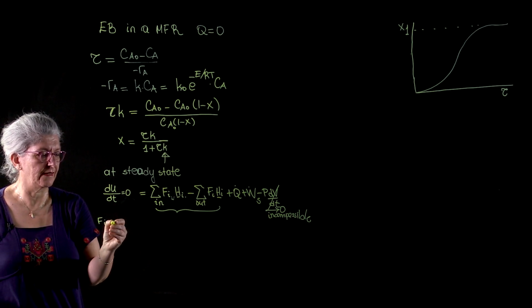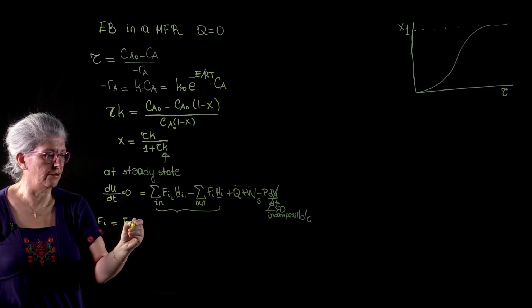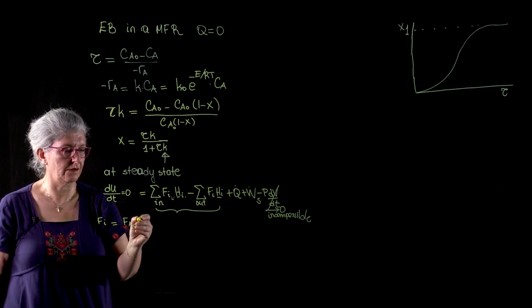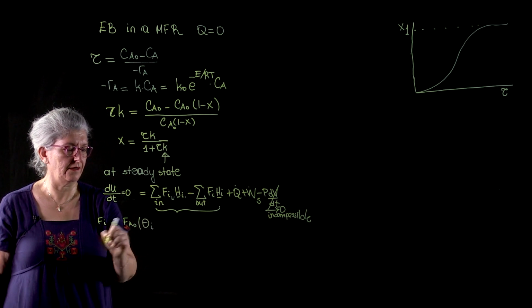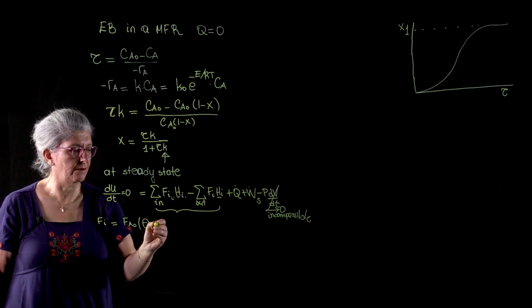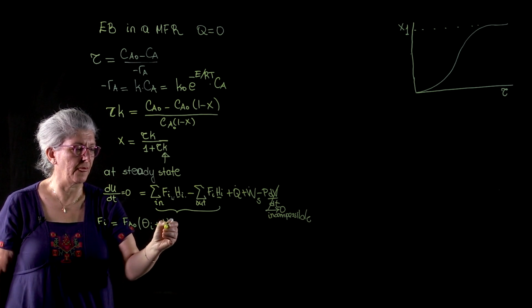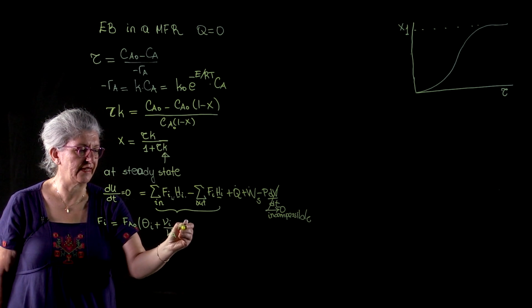Fi is equal to Fa0 times theta i plus nu i over nu A times x.